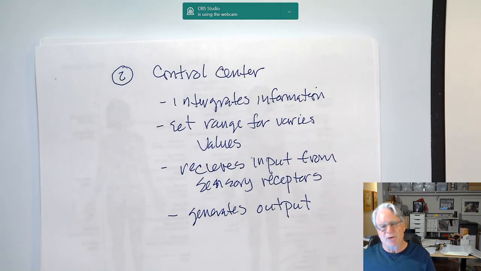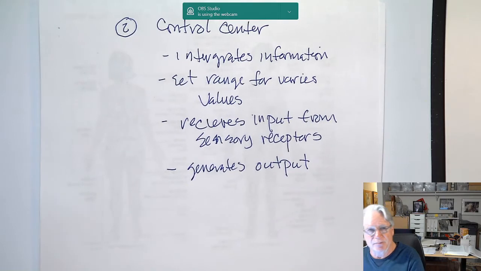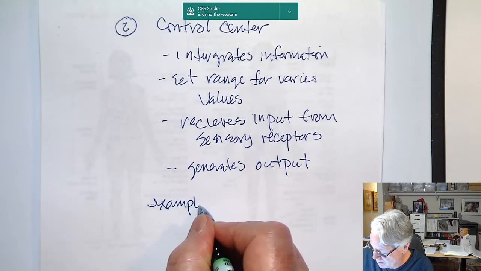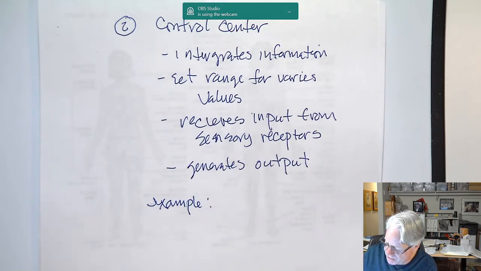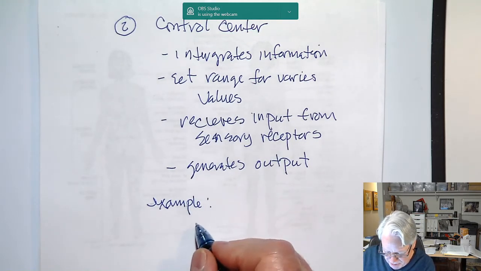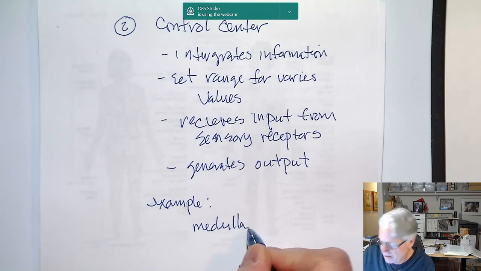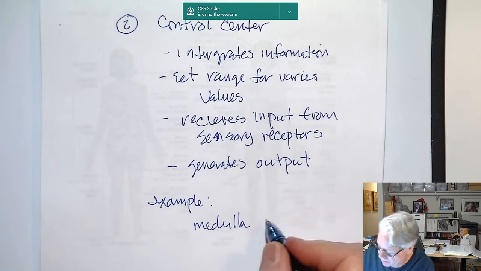All right, let's go back to our example of arterial blood pressure. Let's make this a little bit more concrete. So, example. Inside the brain, there's an area of the brain called the medulla oblongata. I'm going to shorten that to medulla.